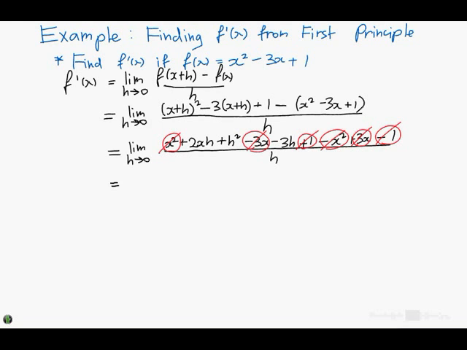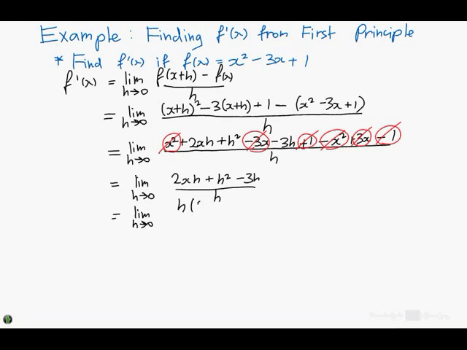So, simplifying things, writing again, limit as h goes to 0 of 2xh plus h squared minus 3h all over h. Simple, right? So in the next line, I can take out common factor of h from the top.